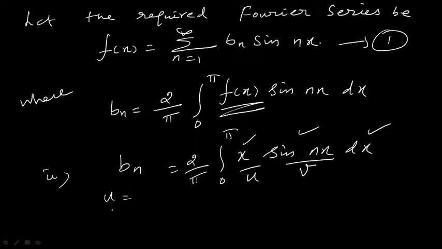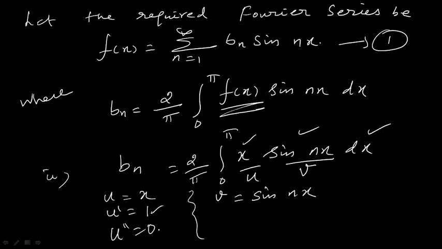So u is equal to x and v is equal to sin nx, isn't it? So what is your u dash? U dash is differentiating x, you get 1. U double dash means differentiating a constant, you get 0. Next, v1. Since u double dash becomes 0, you can calculate up to v1, v2. That's enough, right? So v1 is nothing but integrating sin nx.